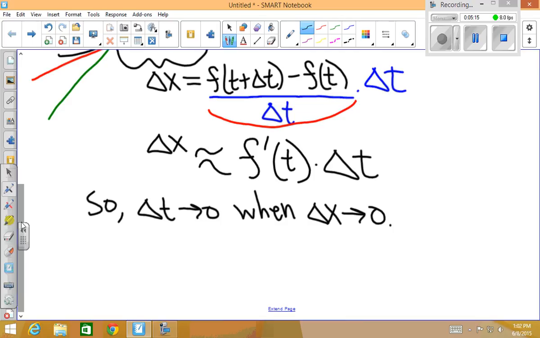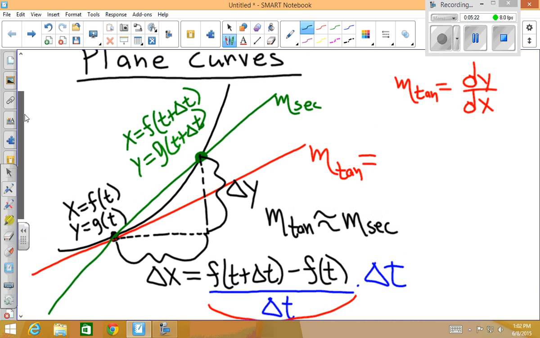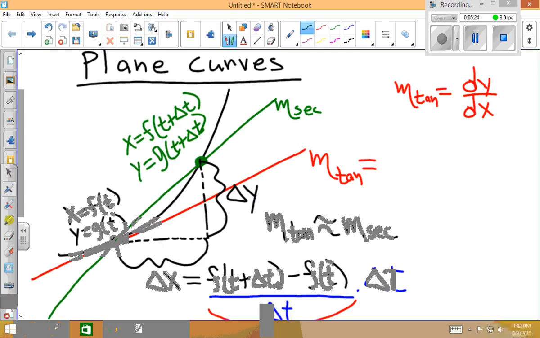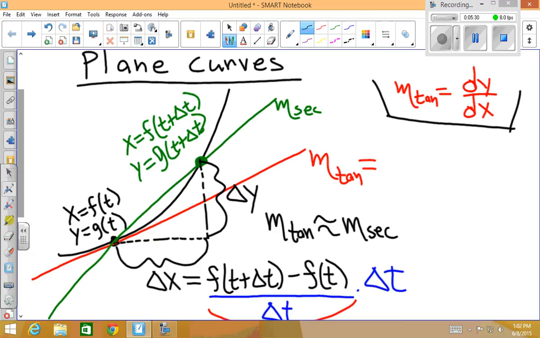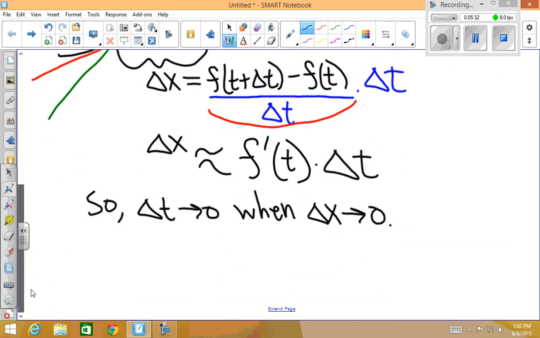Okay, now how are we going to use this? We said before that the slope of the tangent line is dy/dx, our derivative of y with respect to x. So let's write that down here and see where we can go.